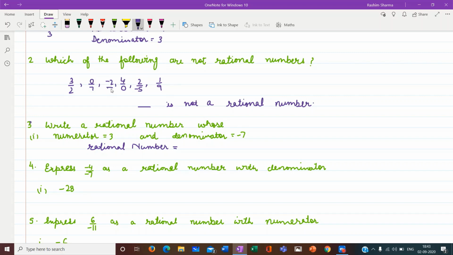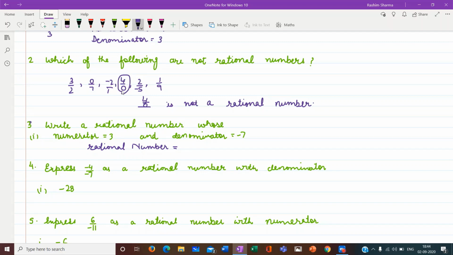So this is an integer and we know integers can also be written as rational numbers. Now 4 on 0, in denominator 0 is not possible. So we can say that 4 on 0 is not a rational number. Rest 2 on minus 5 and 1 on 9 all are rational numbers. So the number 4 on 0 is not a rational number.